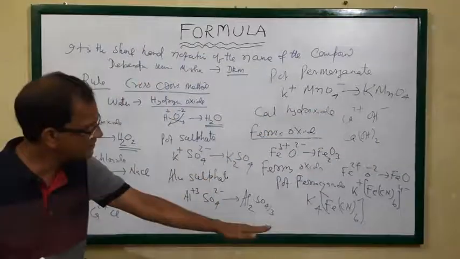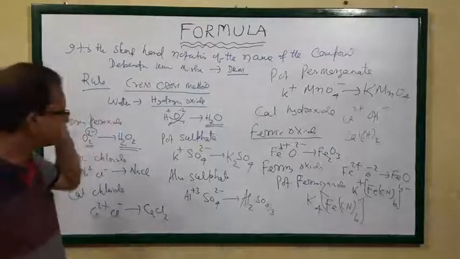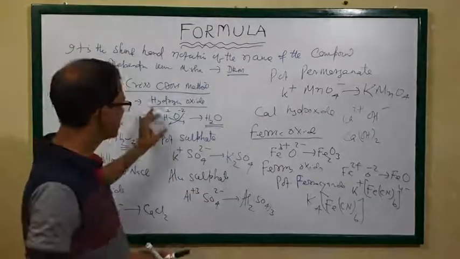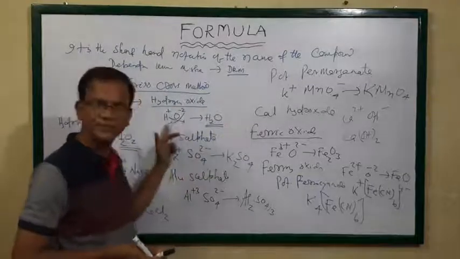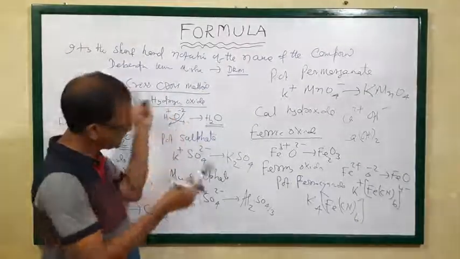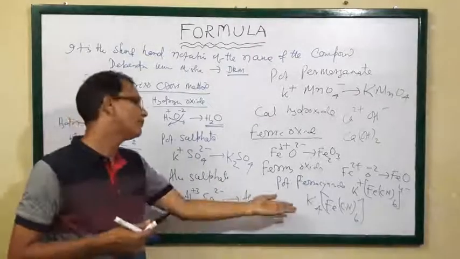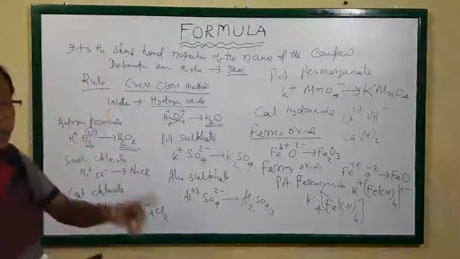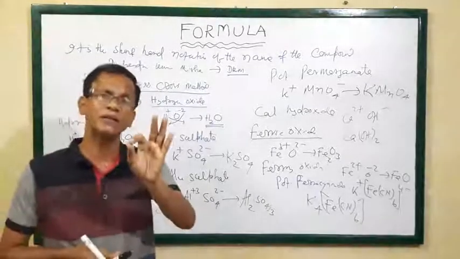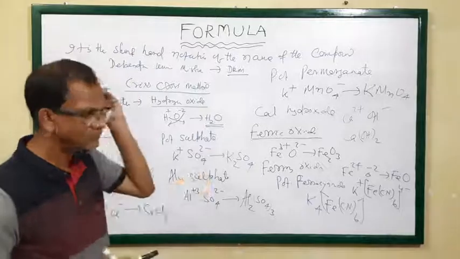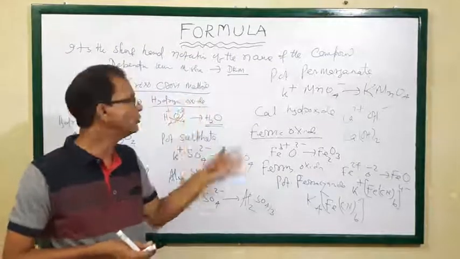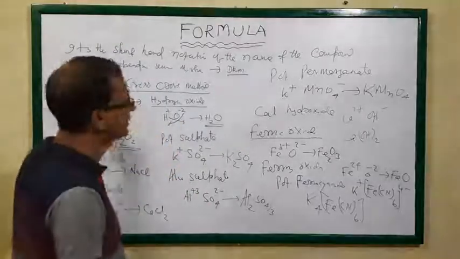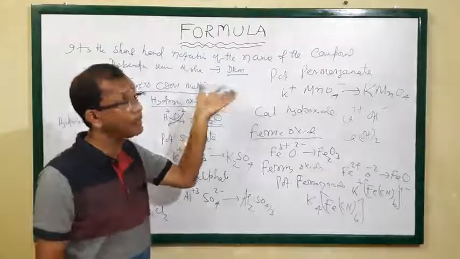The first trick is: write the radical symbols and formulas, then exchange the valency, then write the final formula of the compound. In this way, practice a minimum of 100 examples. Many formulas are there in your books; collect them and practice at least 100, then you will be thorough in writing the formula of a compound. Okay.